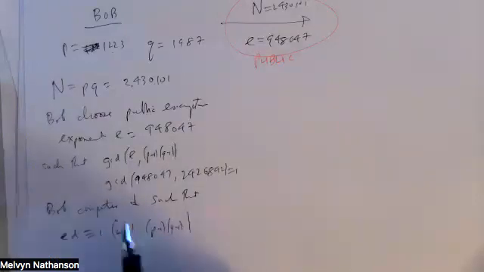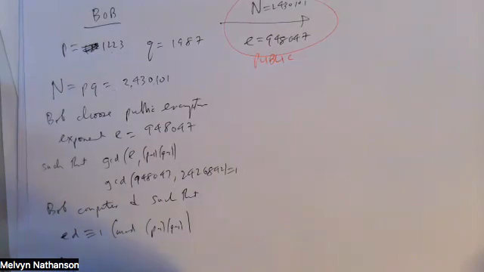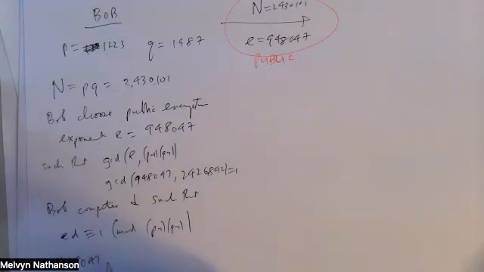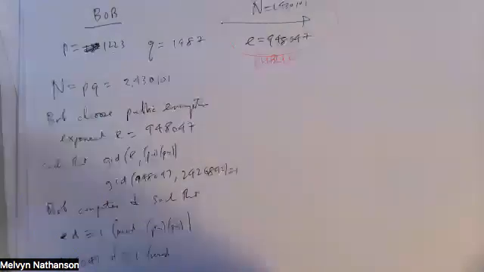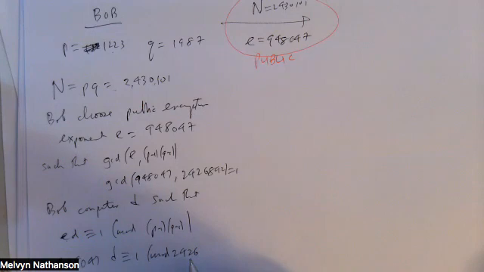So the number D has to satisfy 948,047 times D congruent to 1 modulo 2,426,892.